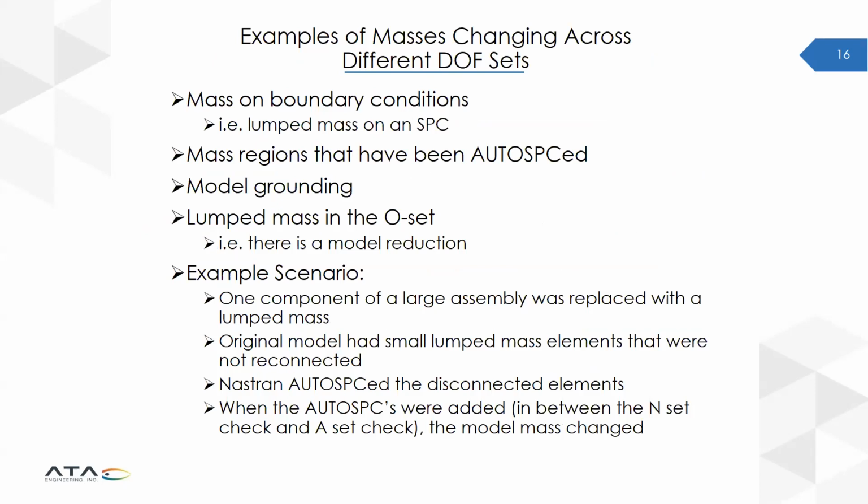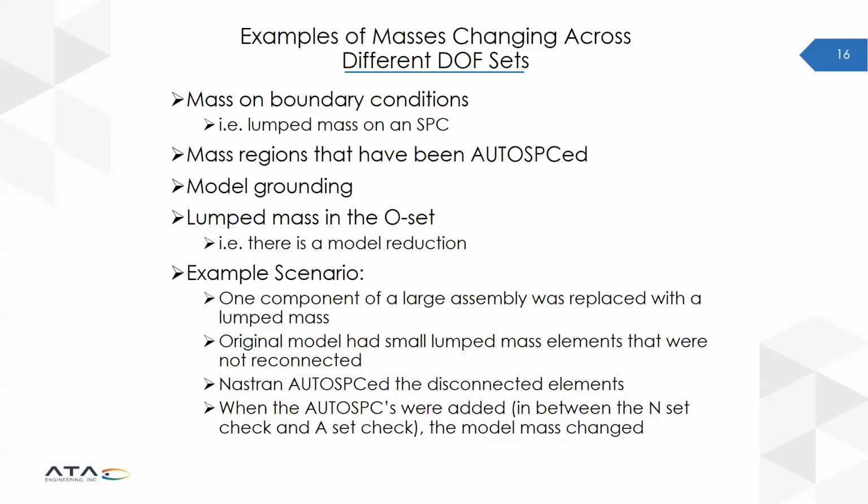And here are some things that might be the culprit as to why the mass changes across the different DOF sets in your weight check output. If you have mass on a boundary condition, such as a lump mass on an SPC, that's something to be aware of. And then mass readings that have been auto SPC'd. And then again, grounding.